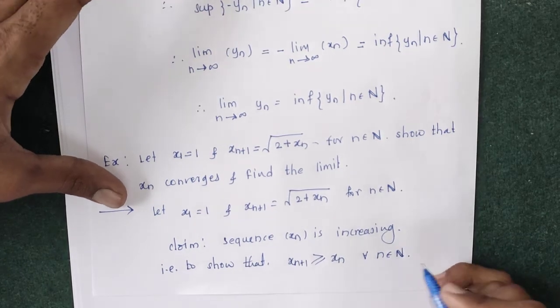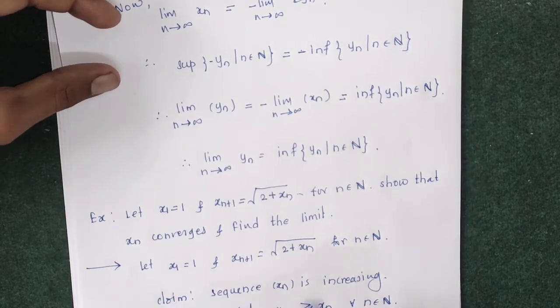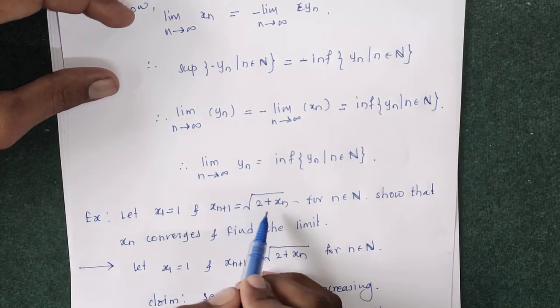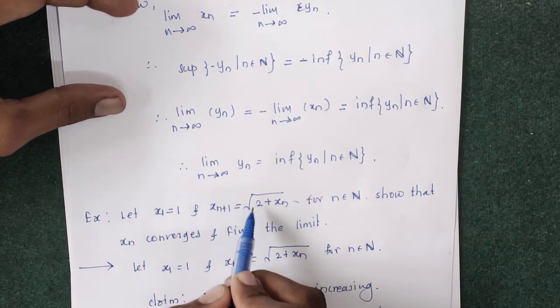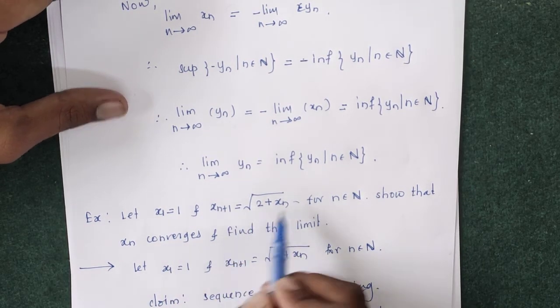So, we have to prove that the sequence is increasing. Now, for n is equal to 1, we have x1 is equal to 1, for n is equal to 2, we get square root of 2 plus 1. For n is equal to 3, we get square root of 2 plus x2.